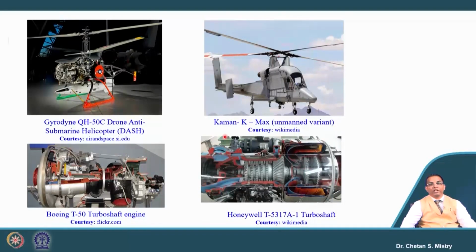Similarly, here it is representing the Kaman K-MAX, where they have two helicopter engines, which are Honeywell engines. Now if we look at the construction, it says axial flow compressor followed by the centrifugal compressor, reverse-flow combustor, then axial flow turbines, and here we have the power turbine. Compactness is a major requirement, and that is the reason we have such engine configurations.